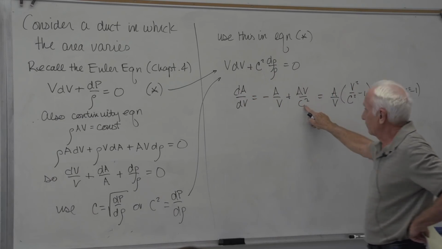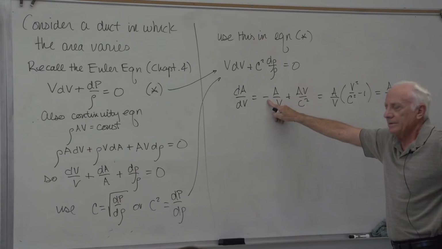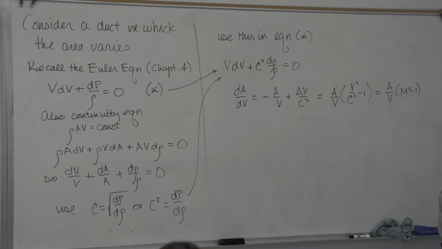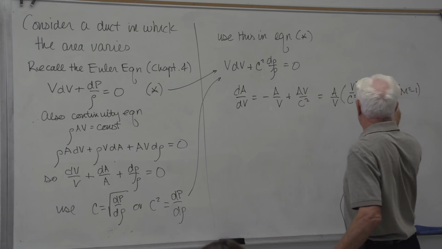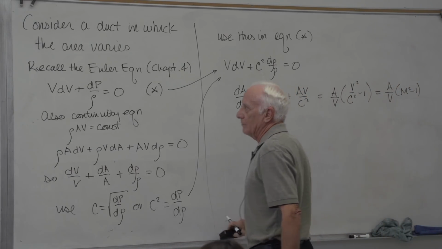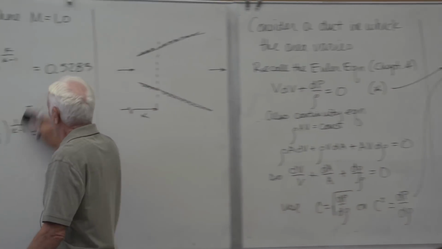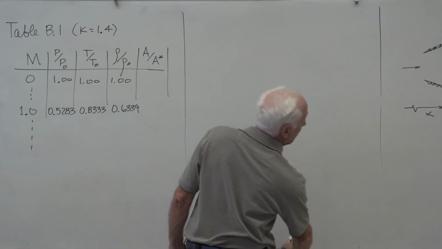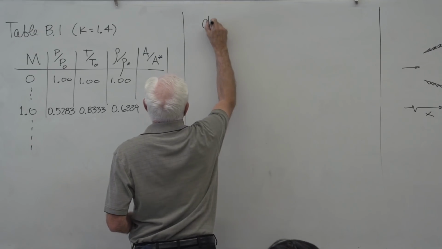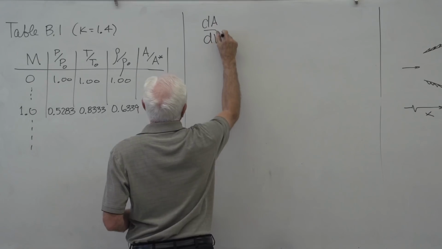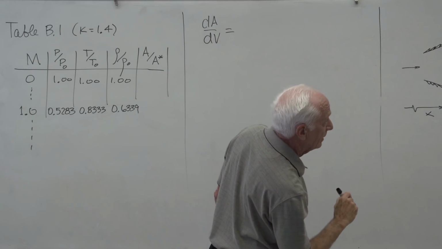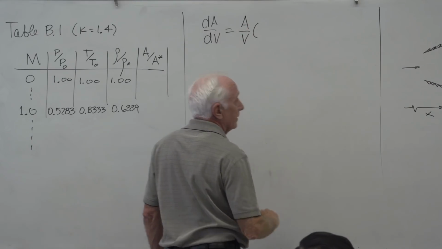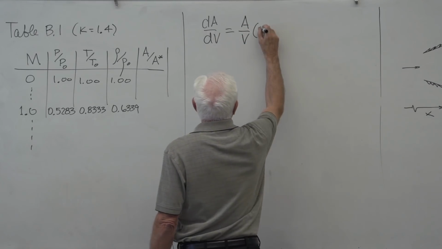There's a C squared right there. There's a minus sign right there. There's about 3 lines of algebra missing, but you can do that. So now we've got the equation. Let's put the equation back over here. So we have dA dV is equal to A over V times Mach number squared minus 1.